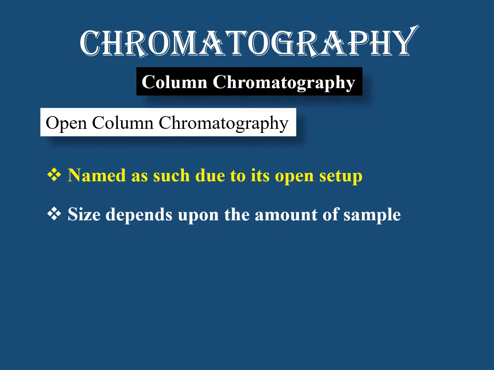So the height of the column as well as the diameter is dependent upon the size of the sample. Usually open column chromatography is used for separation and purification of different components of a mixture in bulk. So you can isolate milligram quantities of a pure component from a mixture.